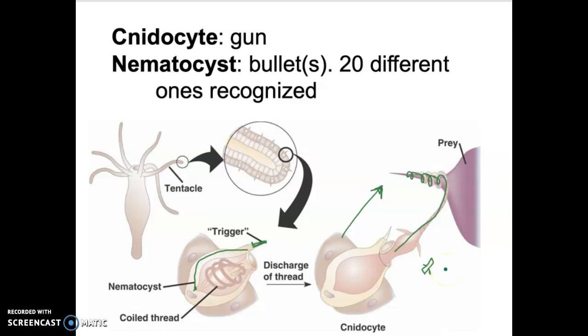One cnidarian we'll talk about in another lecture actually discharges its little harpoons and they are not still attached. They get shot out into the water column, floating away from the cnidarian, which is not good at all. And I'll go through a little story about those guys in a bit here. But a lot of different varieties here. But the key is the animal does not need to be alive to discharge this nematocyst.